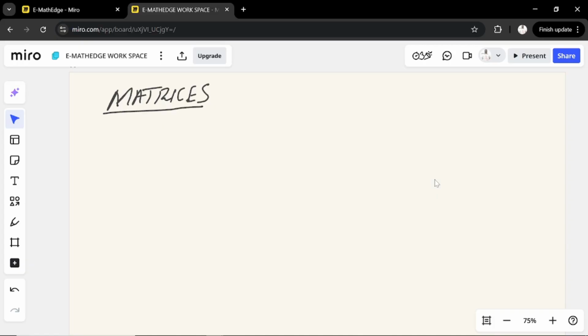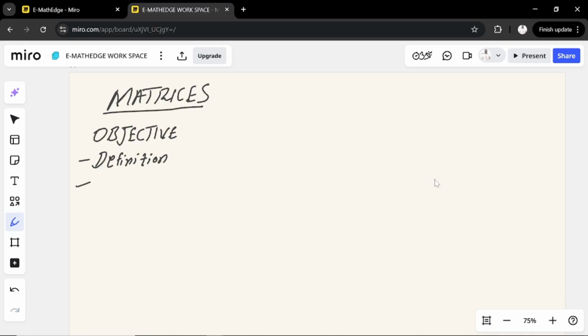Let's bring out the objectives of this topic. And what are those objectives? We have to first of all look at the definition. What is the term matrices or matrix?